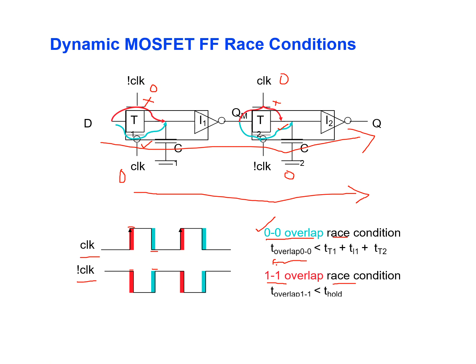Hence the overlap time of 0-0 should be less than the time due to transmission gate 1, the first inverter, and transmission gate 2. If you add all these delays, it should be much greater than the overlap time of 0-0. Hence automatically your D will not be propagated to your output.